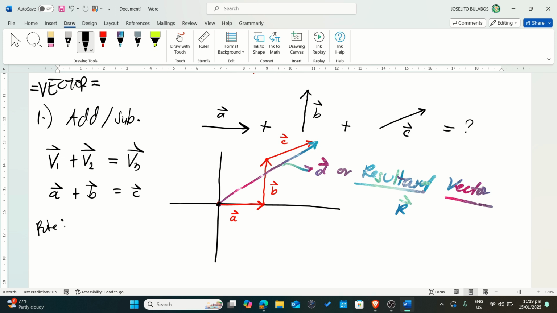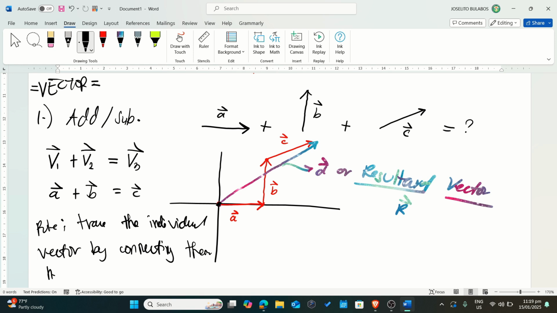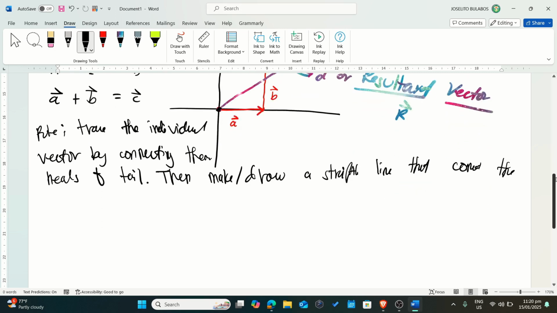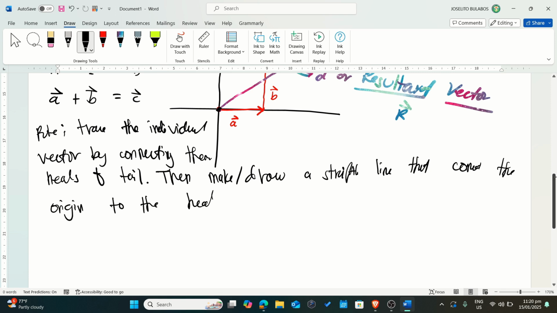Rule: trace the individual vectors by connecting their heads and tails. Then draw a straight line that connects the origin to the head of the last vector.